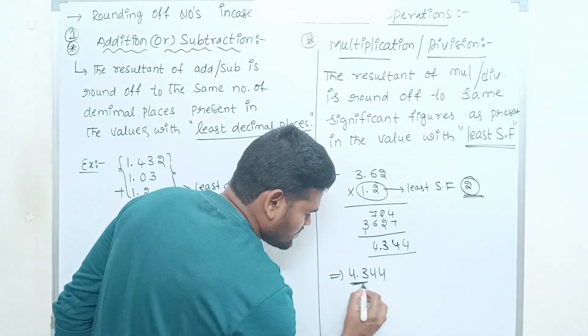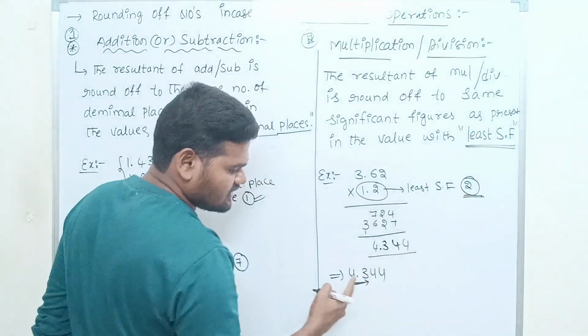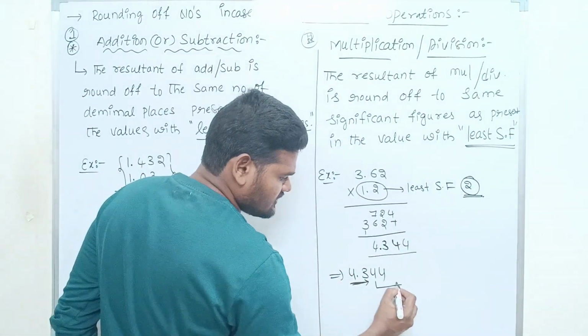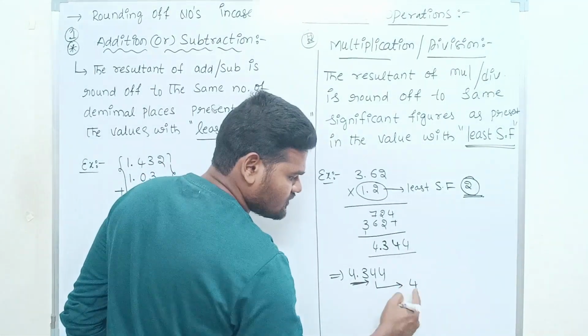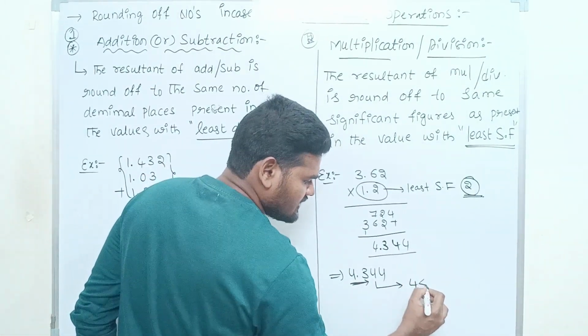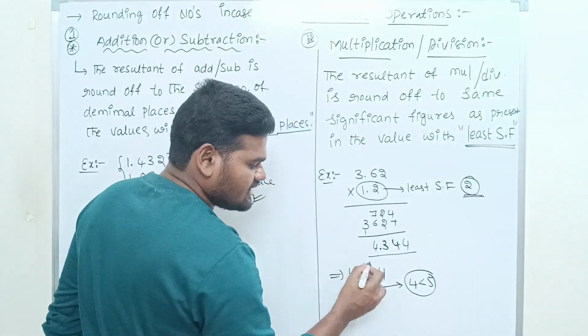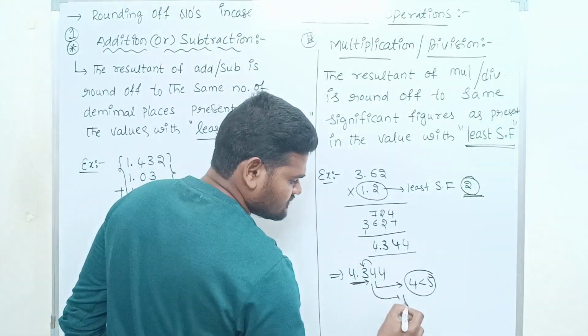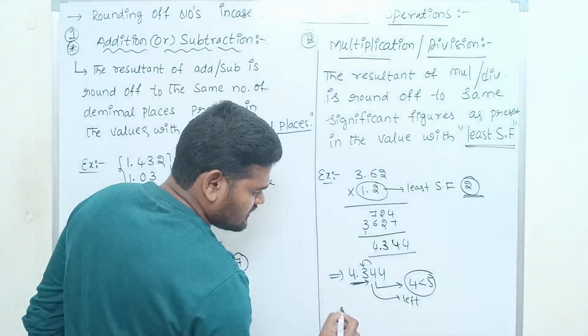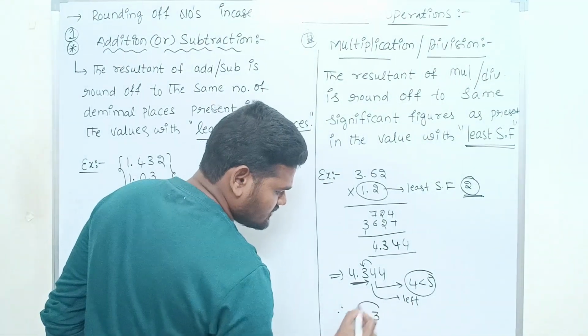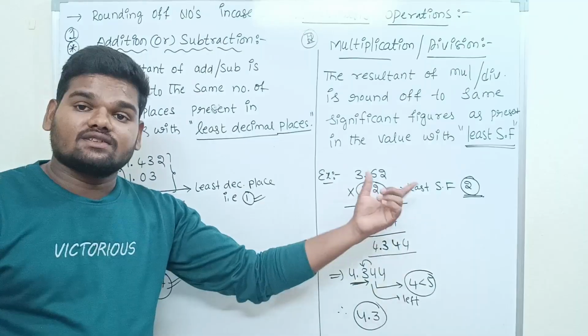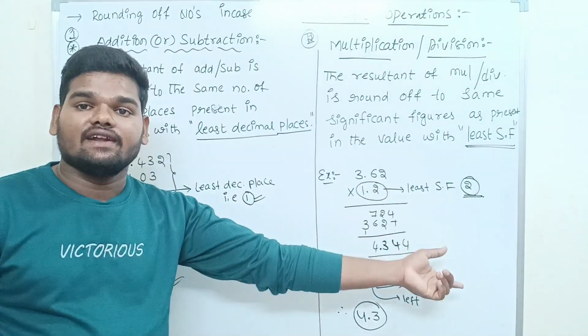Up to 2 significant figures, that is 4.3. Check the next immediate number, that is 4, and 4 is less than 5. When it is less than 5, the preceding digit is left. Therefore, the answer is 4.3.